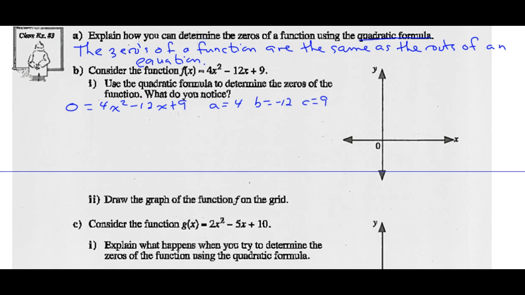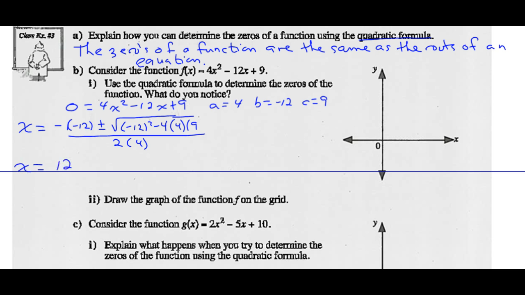Substitute into our quadratic formula, x equals negative b, negative 12, plus or minus the square root of b squared minus 4 times a times c, all over 2a. And so we simplify now.